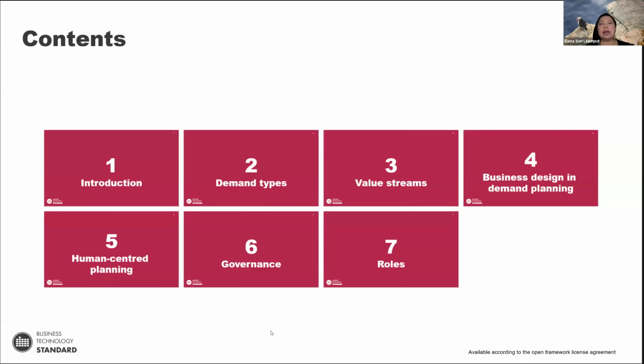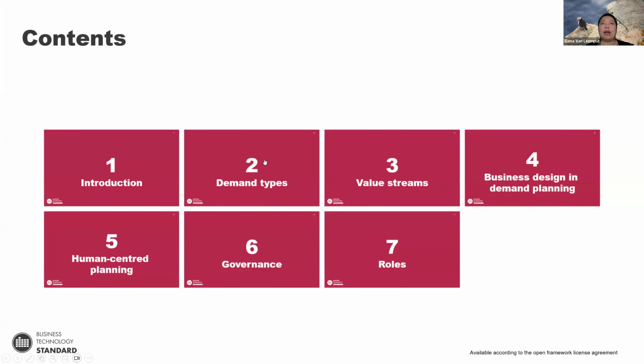And then within this guide, what we have in here are the different demand types. If you know these capability planning, ideas and concepts, improvements and service changes and so on, then we have value streams, and then the approach for business design and demand planning, the human-centered planning, governance and roles. So this is what we highlight in this guide.